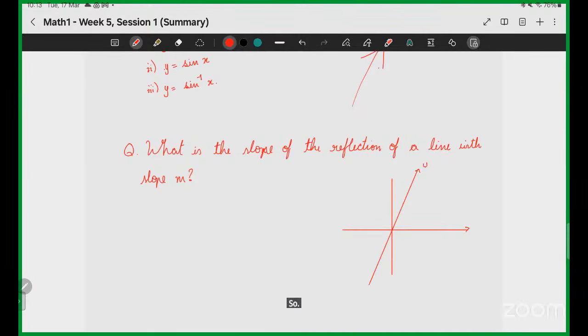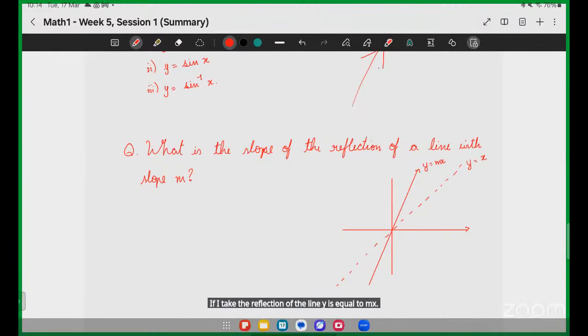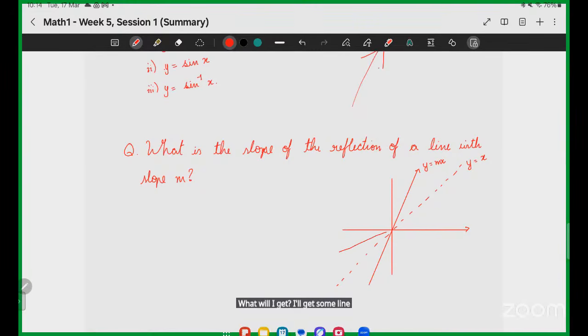So suppose I have this line y is equal to mx, for some m, and I have this line y is equal to x. If I take the reflection of the line y is equal to mx, what will I get? I'll get some line, right? And it also has to pass through the origin.